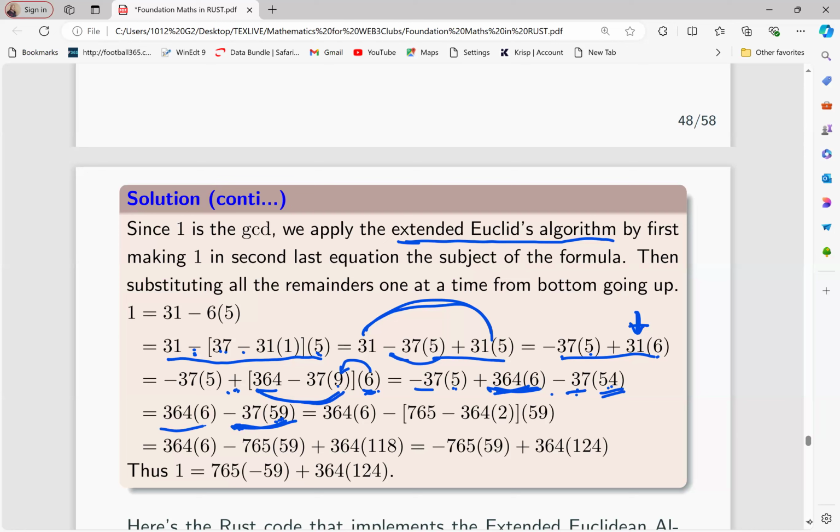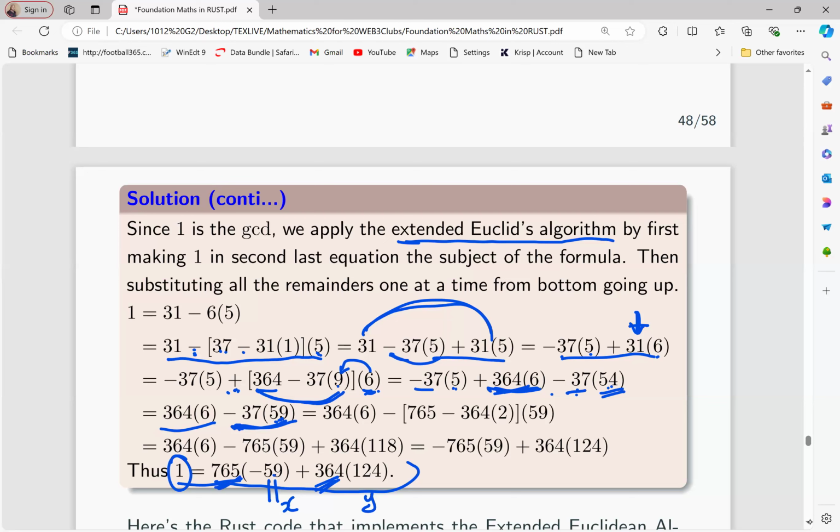And this is here. Now, so the next remainder and so on, until you get this equation, so that our x is negative 59 and our y is 124. So our x is negative 59 and our y is 124, meaning that the GCD, which was 1, has been written as a linear combination of the two numbers given to us.